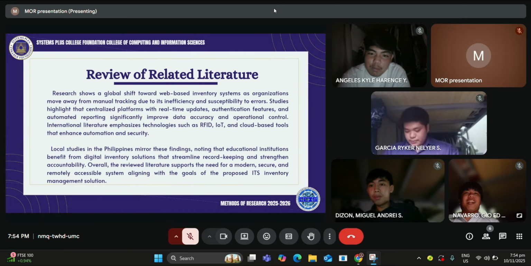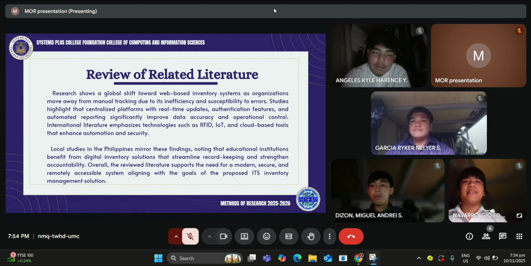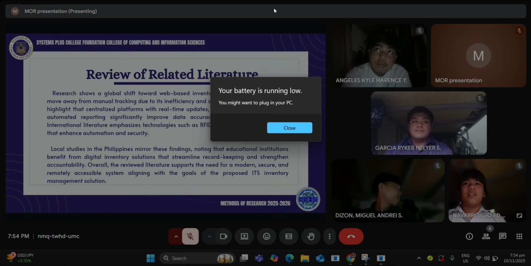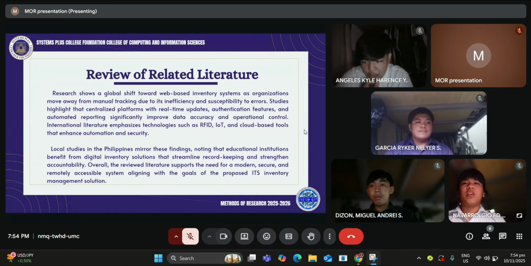In our review of related literature, we found that many global and local studies support the use of web-based inventory systems for better accuracy, security, and accessibility. Globally, researchers such as Pasaribu 2021 and Satai Raj and Kumar 2021 emphasize that real-time web systems reduce human error and improve monitoring.